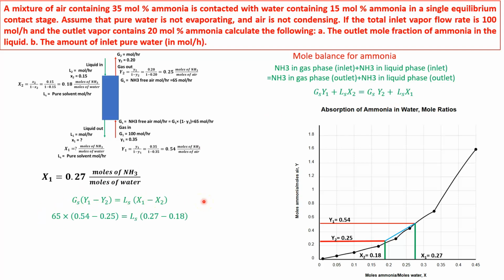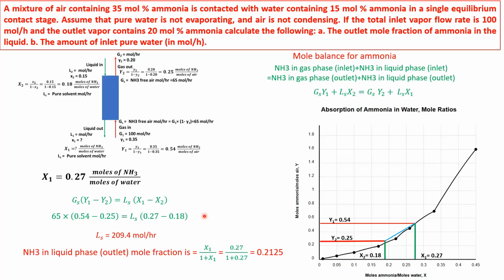If I reorganize, all the data are known. Gs we know is 65, Y1 and Y2 we know, Ls we don't know, that is the pure solvent flow rate, Ls into 0.27 minus 0.18. After plugging in everything, we get Ls as 209.4 mole per hour.